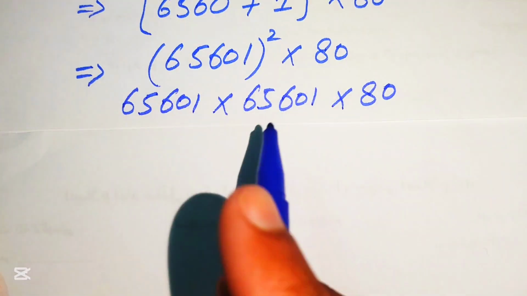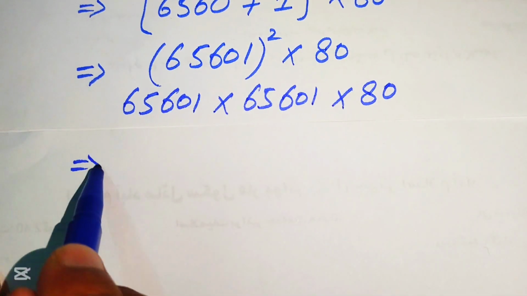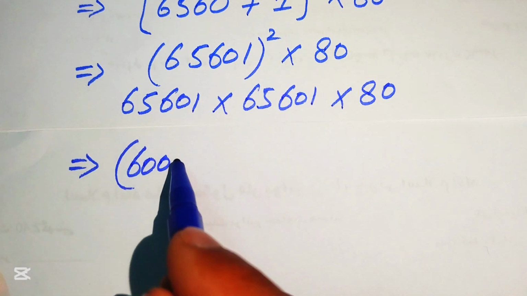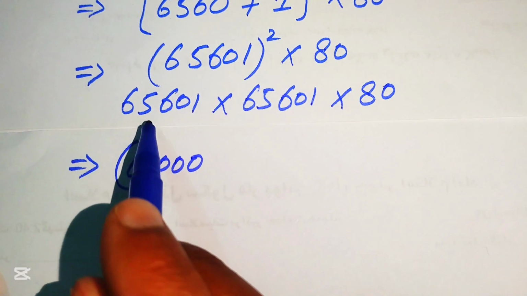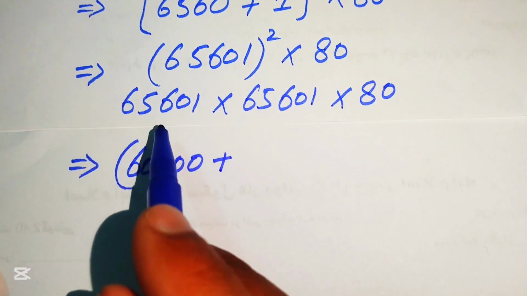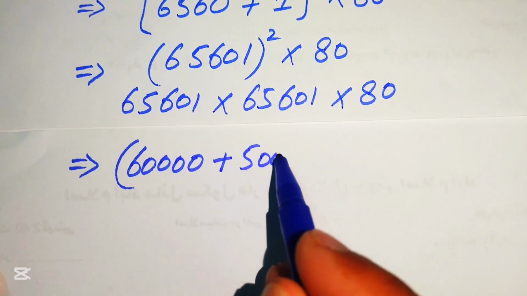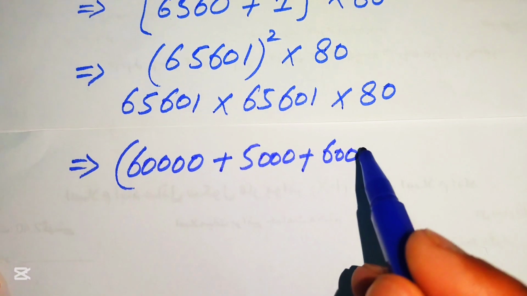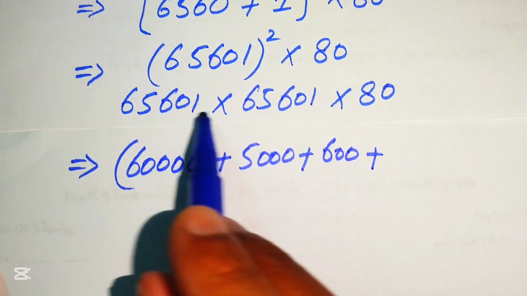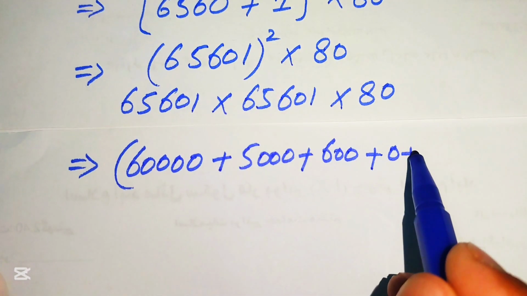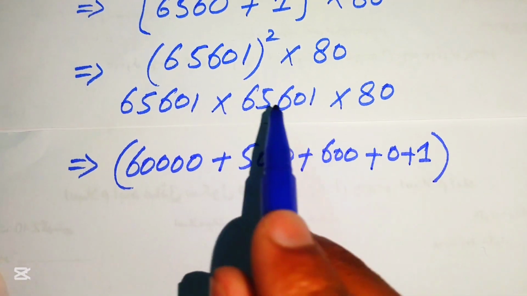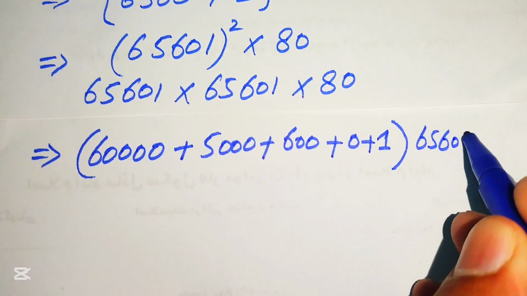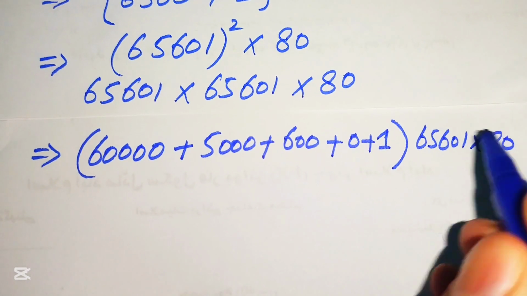So first we break this value, and we write this term as 60,000 plus 5,000 plus 600 plus 0 plus 1. Okay, so we need to multiply this number by 65601 and also multiply by 80.